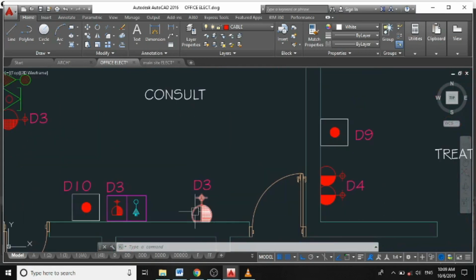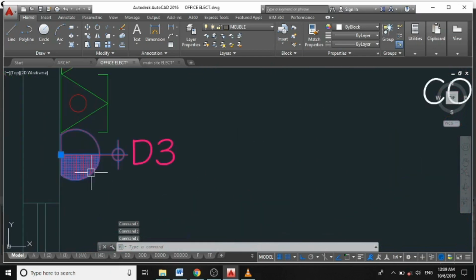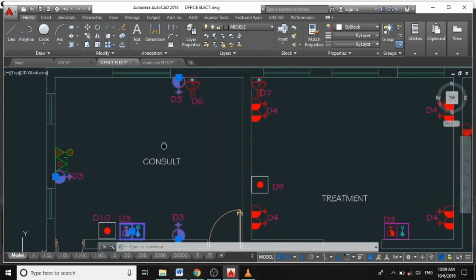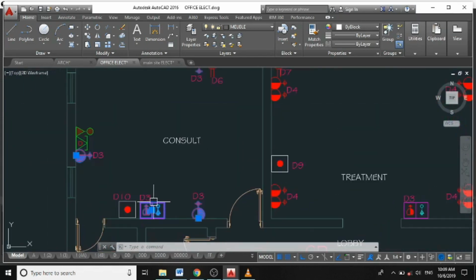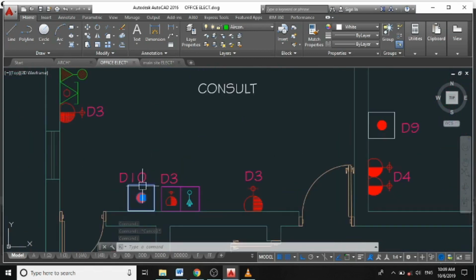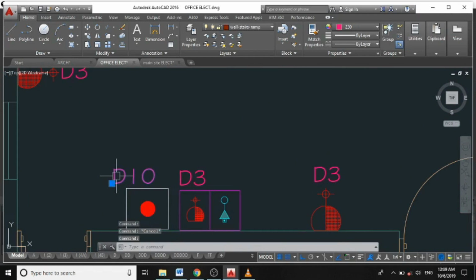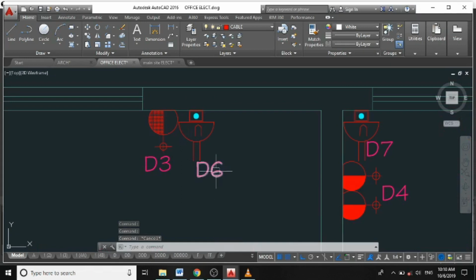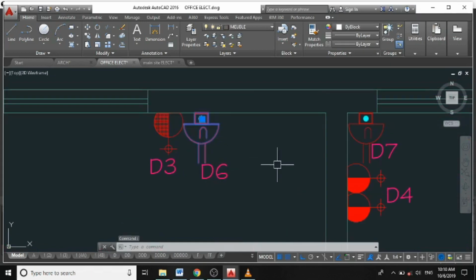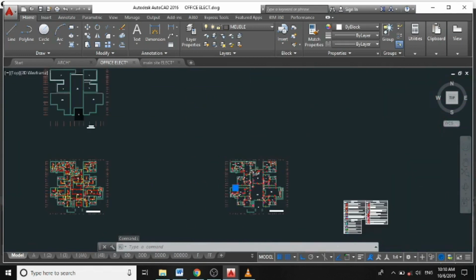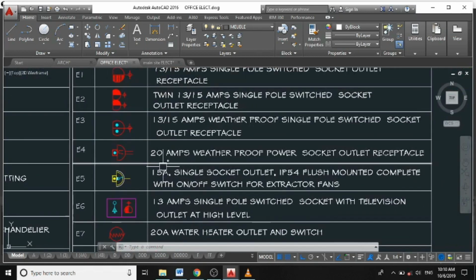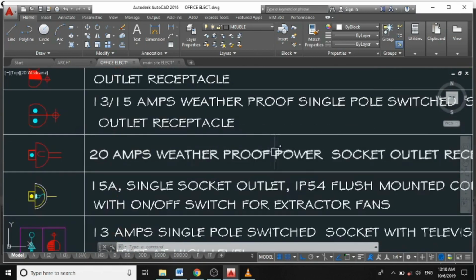It simply means my fixture here and the fixture here at eye level, the fixture here and the fixture here are to be connected to my circuit D3, which the amperage will be restated, while the one here, connected box for AC, is to be connected to my circuit D10, while the one here is to be connected to my circuit D6. And this fixture now, I will have to go back to my legend. What does it represent? In my legend, I stated it here that it should be a 20 ampere weatherproof power socket.